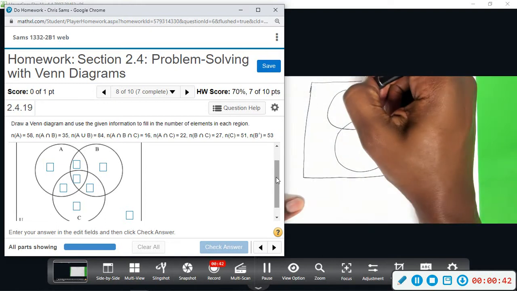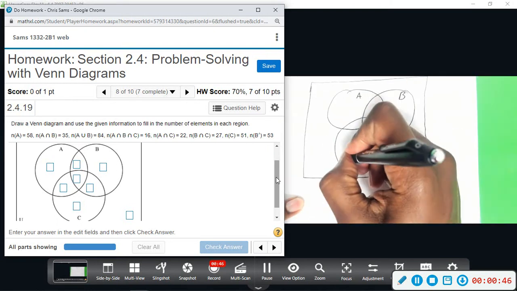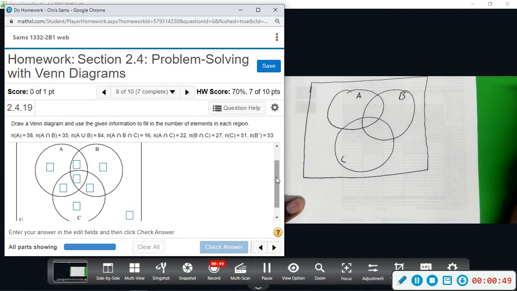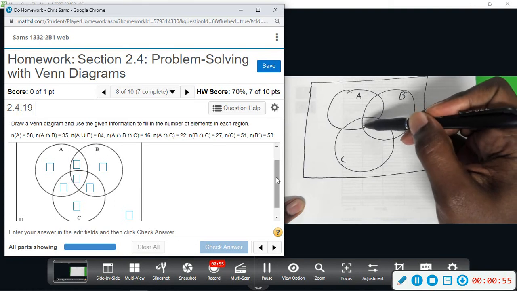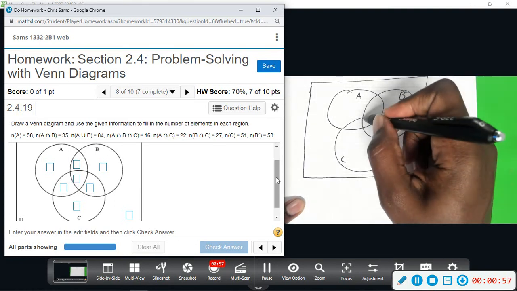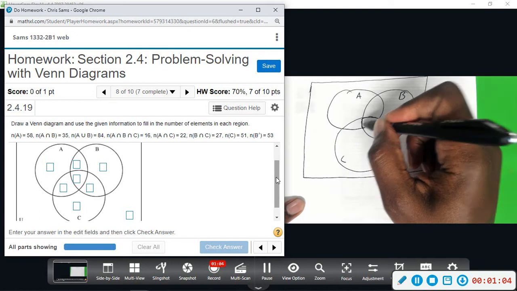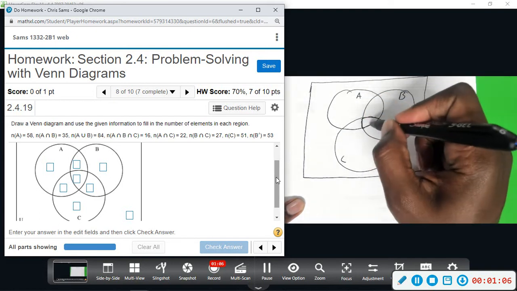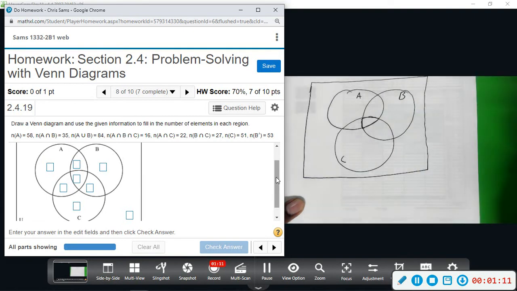Okay, A, B, and we'll call this one C. And if possible, you always want to start from the very center. So this piece right here that I'm circling around is A, which overlaps with B and overlaps with C. So it's A intersect B intersect C. A and B and C, all 3 of them.